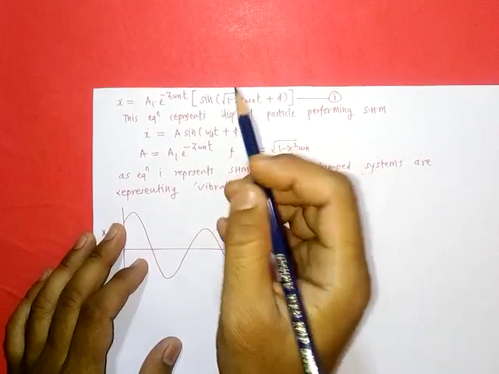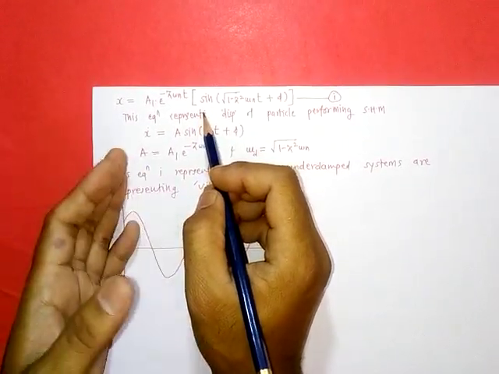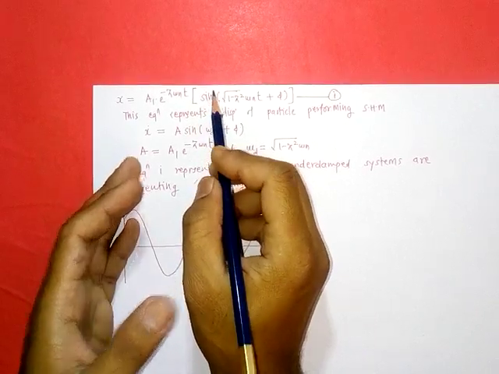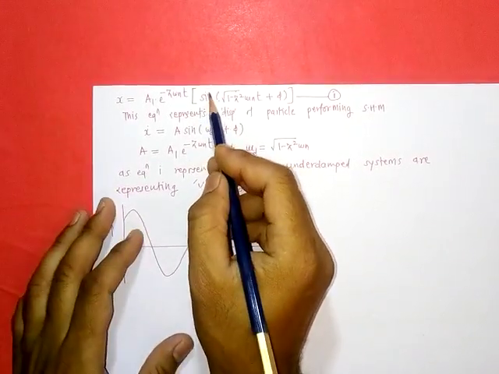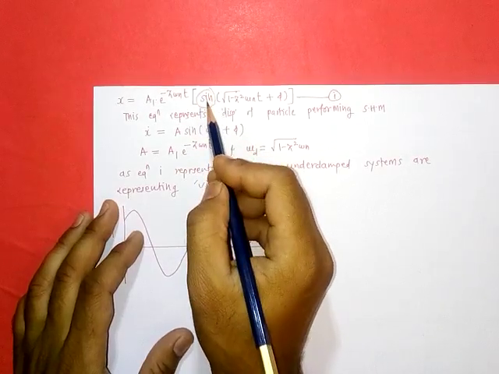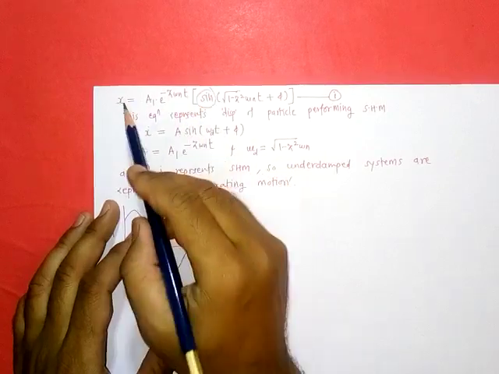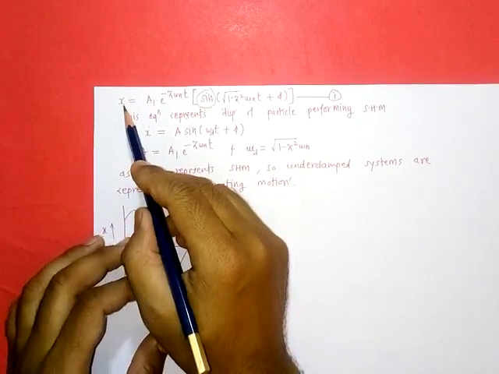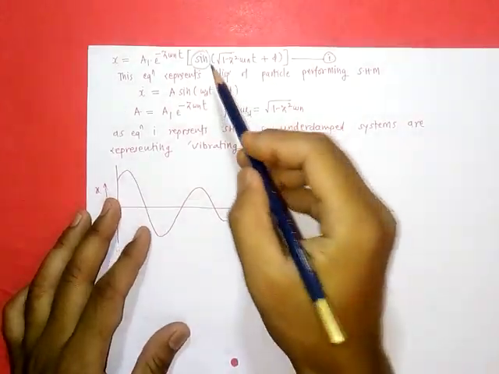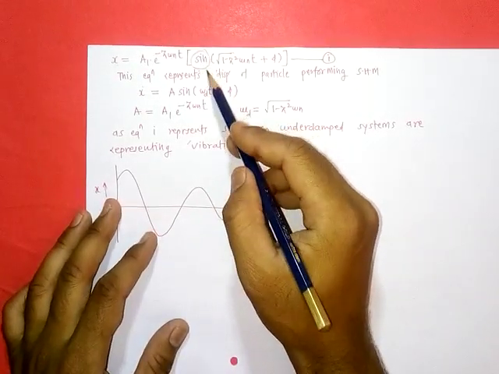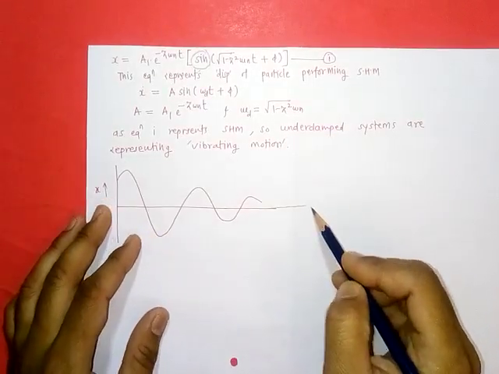Now if we compare this equation with the previous two equations, we find that in the previous two equations there is no periodic function, but here we have sine as a periodic function. So here our displacement is crossing the equilibrium position because it is working on a sine function.